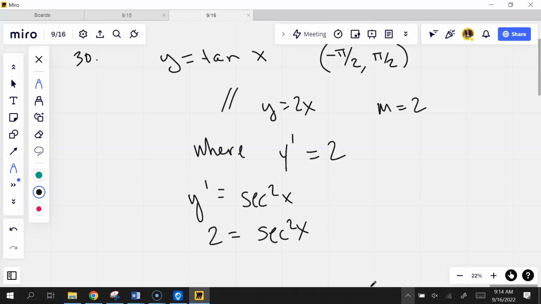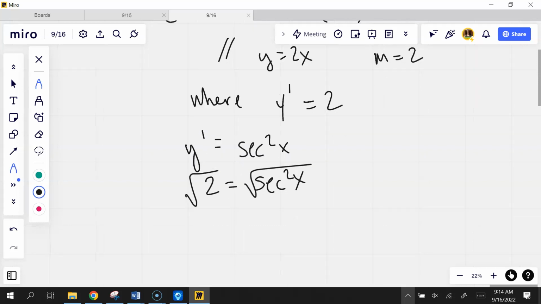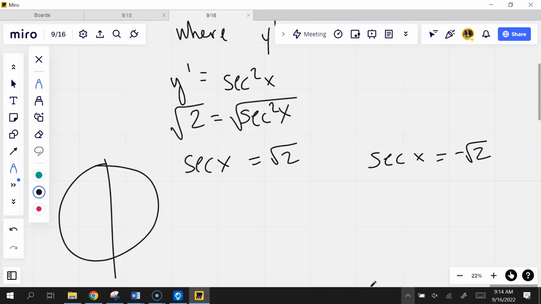So where does secant squared x equal 2? I can square root both sides. So where does secant x equal the square root of 2, or where does secant x equal negative square root of 2? And I'm only on that right-hand side of the circle. Well, secant x is 1 over cosine x, right?